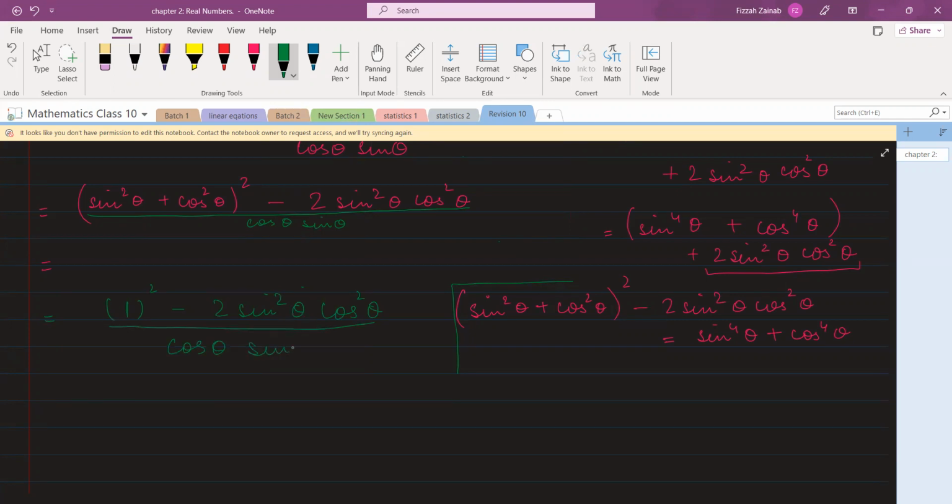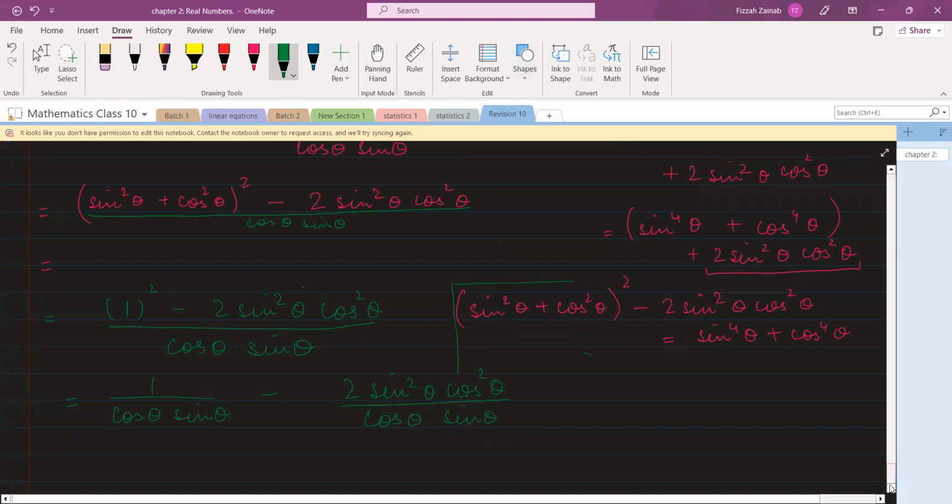So it will become 1. Now you can break it. So you have 1 upon cos theta sine theta, and then minus 2 sine square theta cos square theta divided by cos theta sine theta. So I have just split it again.